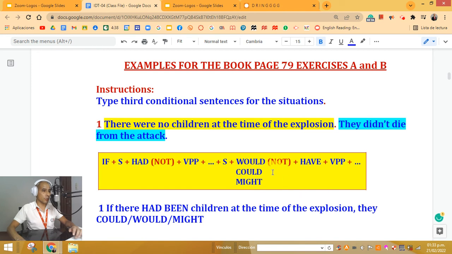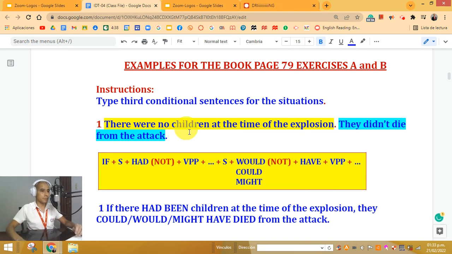Remember that according to the formula, I can use any of them. They could, would, might. Then I need have, and then I need a verb in the past participle. The verb in this case is die, so the past participle would be died, and I copy the rest of the sentence, from the attack.